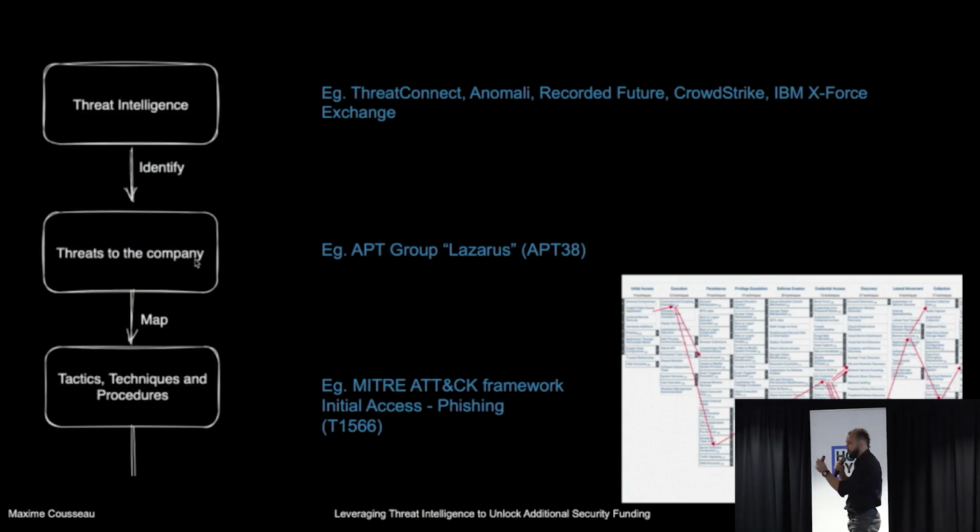Once you have your criteria, you can identify APTs, APT groups or threat actors, for example APT38, Lazarus. Once you have identified APTs, you can jump on mapping the TTPs using the MITRE ATT&CK framework.